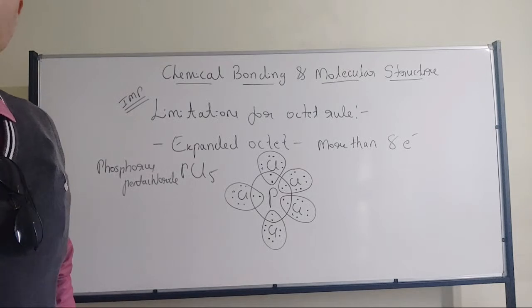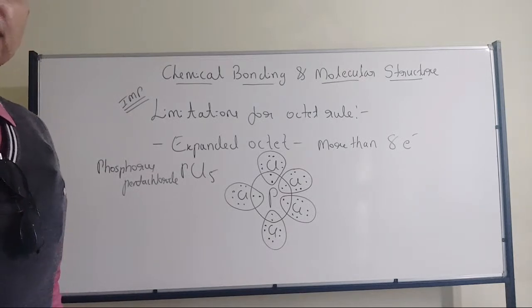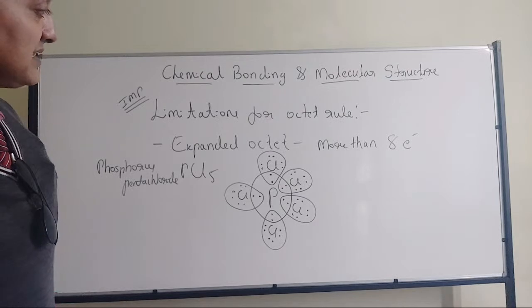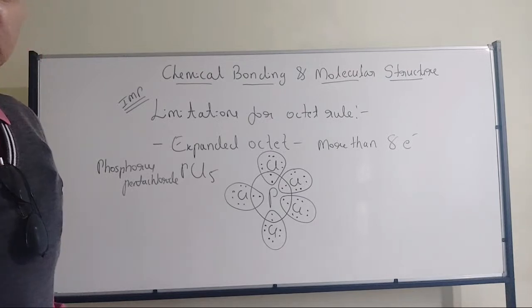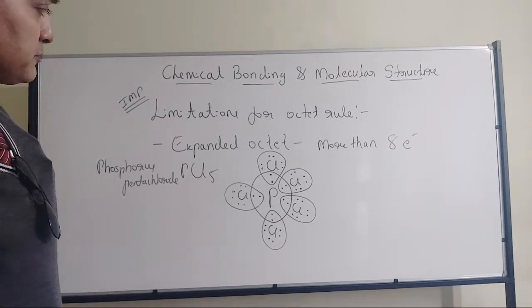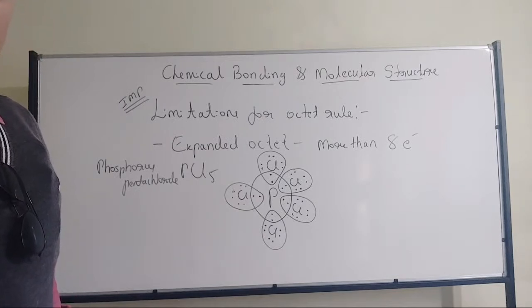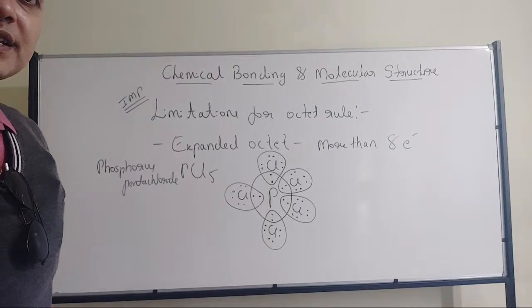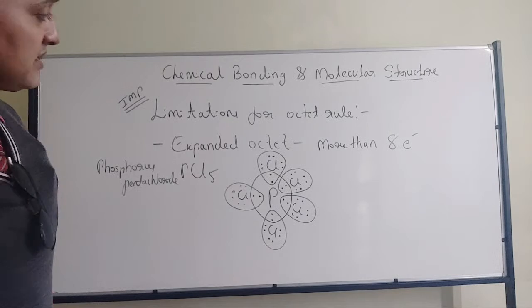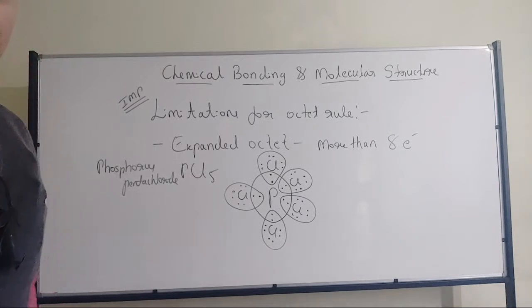A very stable molecule. What is the total number of electrons after the bond formation with respect to phosphorus in its valence shell? Any one of you? Just tell me the number.